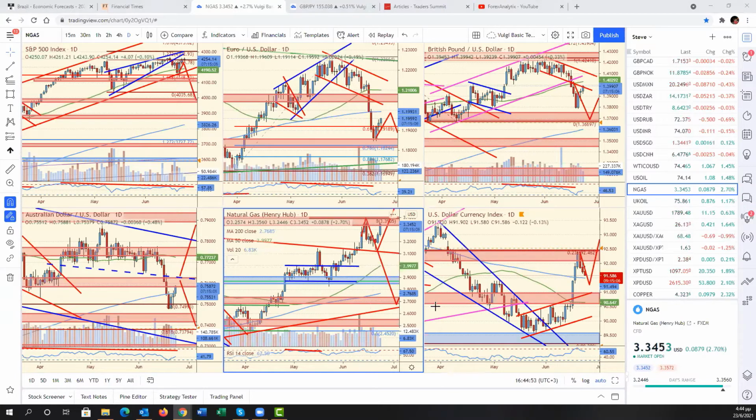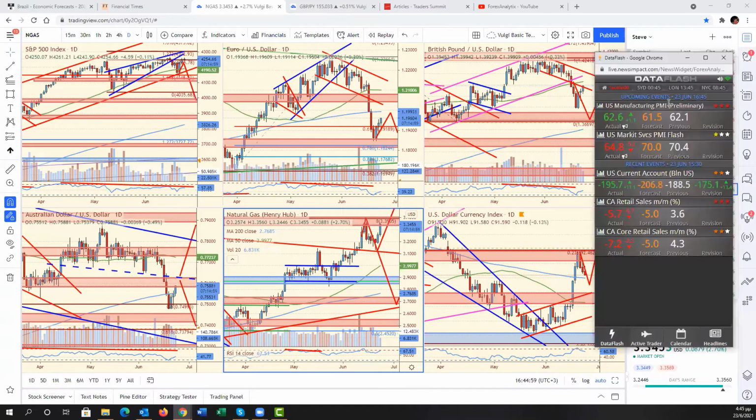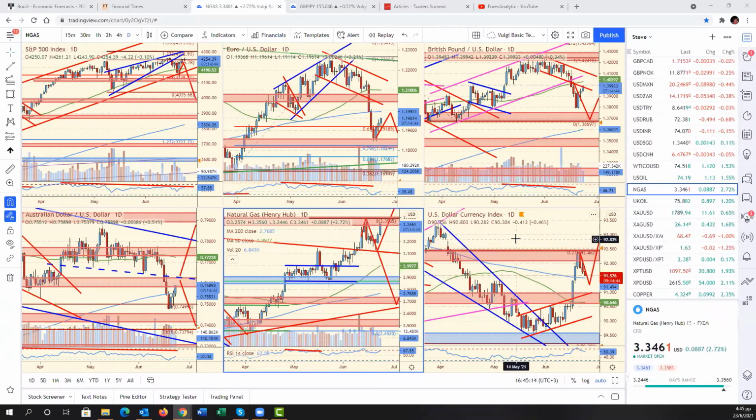Metals are bid. Everything's looking like the market is expecting a weak number. I think the market is expecting a little bit of a weaker services PMI, which kind of makes sense because manufacturing is influenced by higher prices of goods.